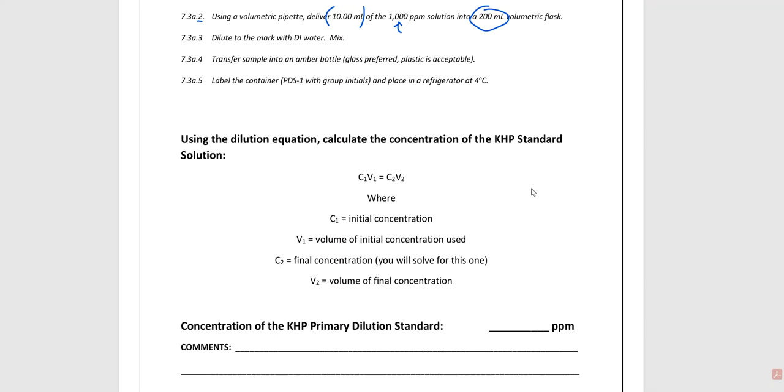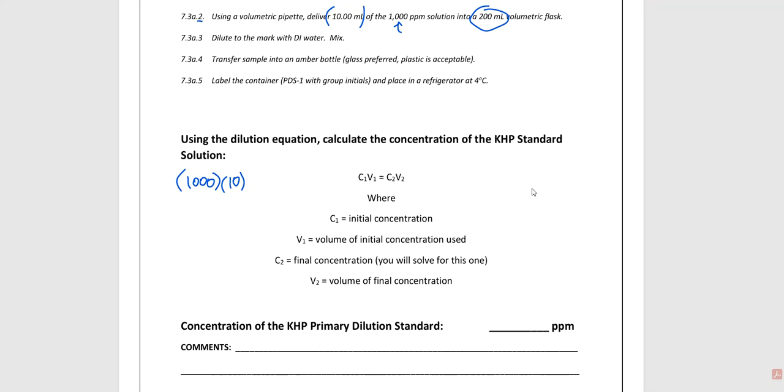C1 is the initial calibration standard. This is a 1,000, or really whatever you made when you did the calculation on the previous form. Whatever value that was, that's the value that's going to go here. Next up is V1 for the volume. So you have pipetted 10 milliliters of that. That's what it said in 7.3a2 right up above. That is exactly what it tells you to do: pipette 10 mL of that.